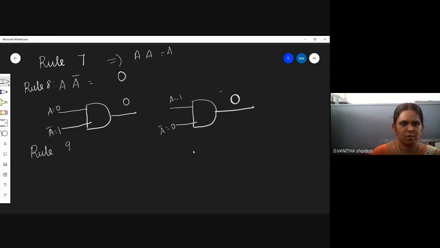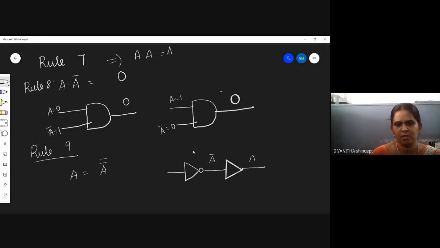And that rule 9 may be A equal to A double bar. So here for that we have to take a NOT gate. There's only one input taken. So that output is equal to A bar. Again, it will be connected to a NOT gate.